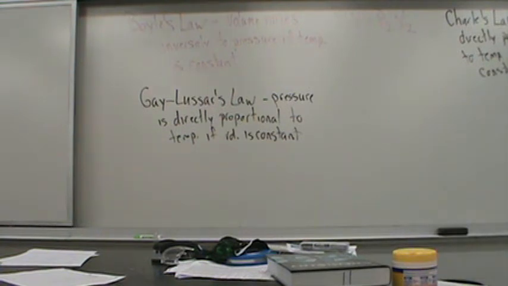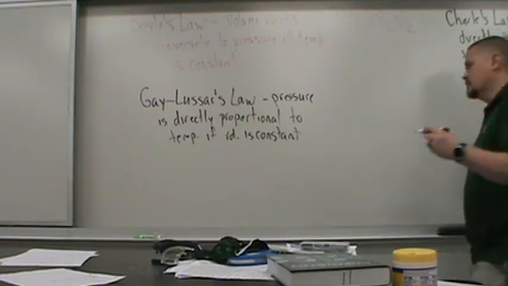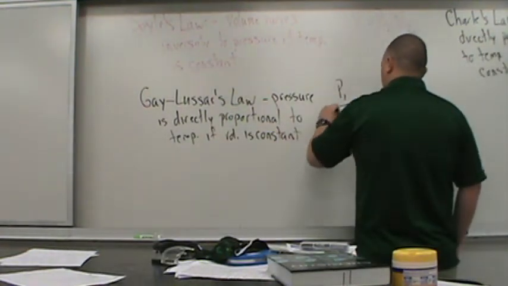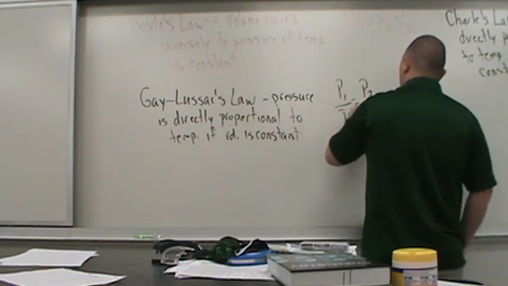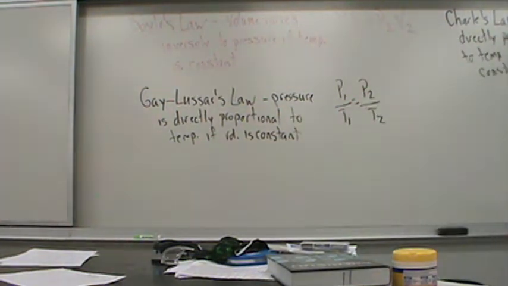Alright, so since we're only switching pressure and volume in our definition with the formula, instead of having V1 and V2 up in the numerator, we're going to have P1 and P2. Okay, P1 over T1 is equal to P2 over T2.